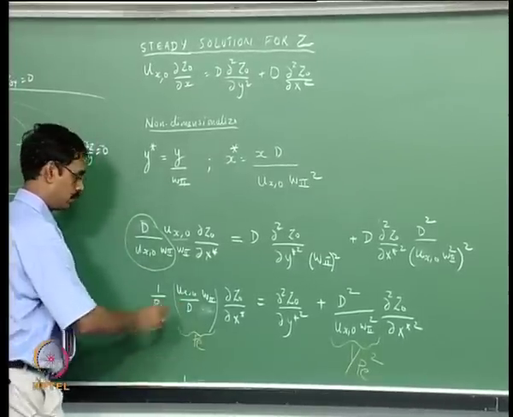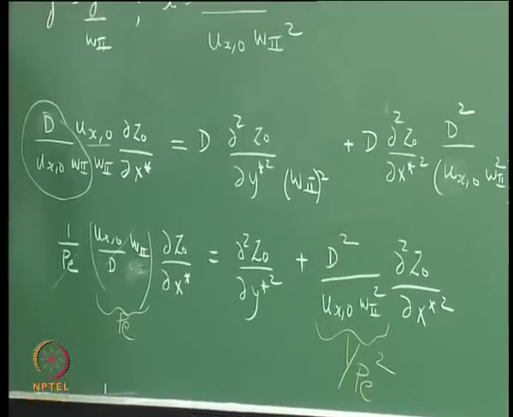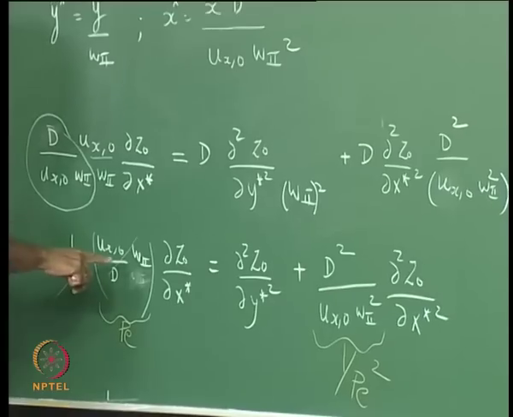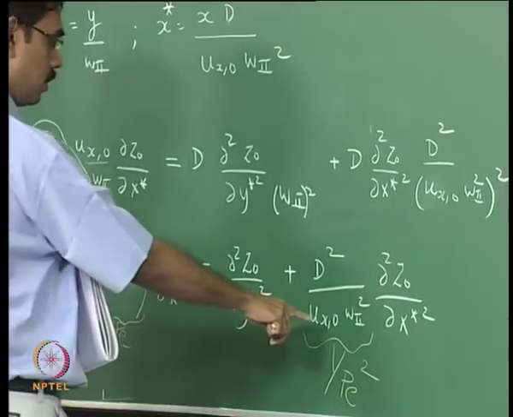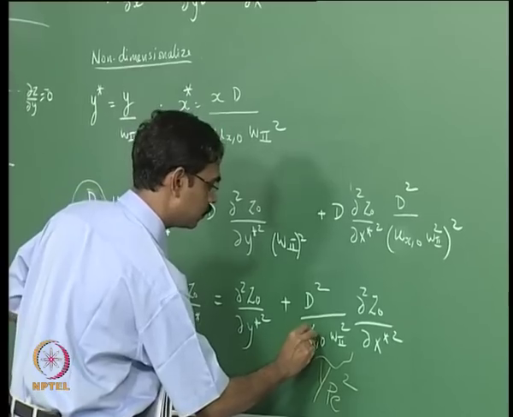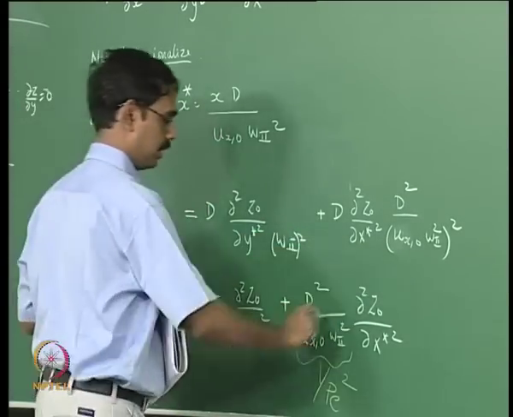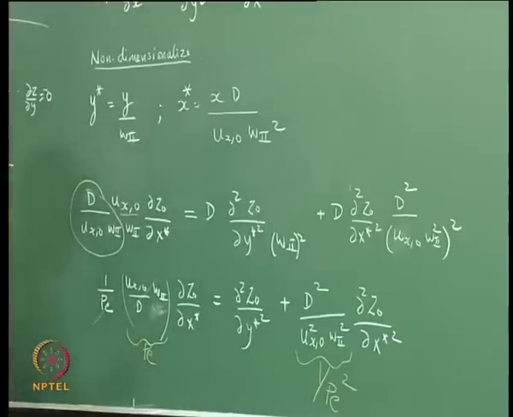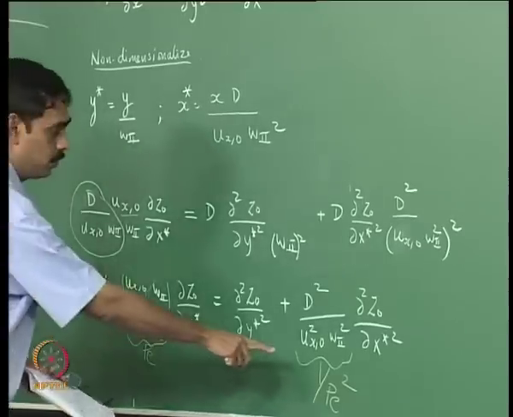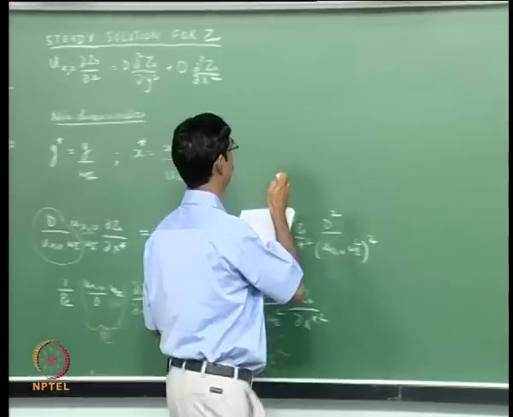This and this cancel. Sorry, that should be u_x, not squared here. Thank you. So this will cancel. You have 1 by Peclet squared here, and this has a coefficient of 1. So we get a very neat equation.